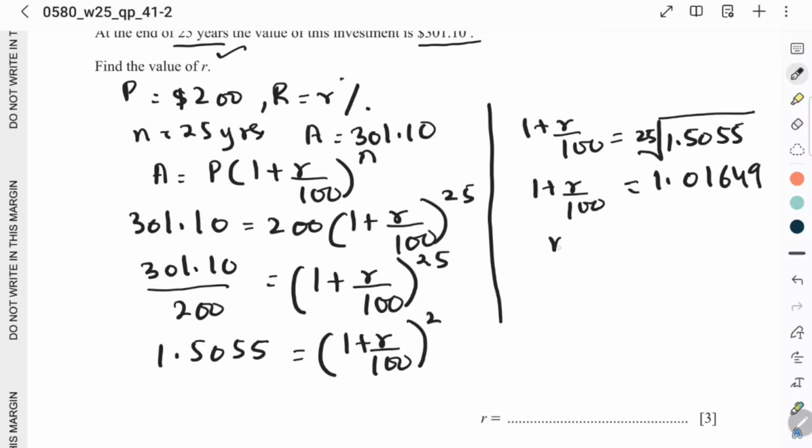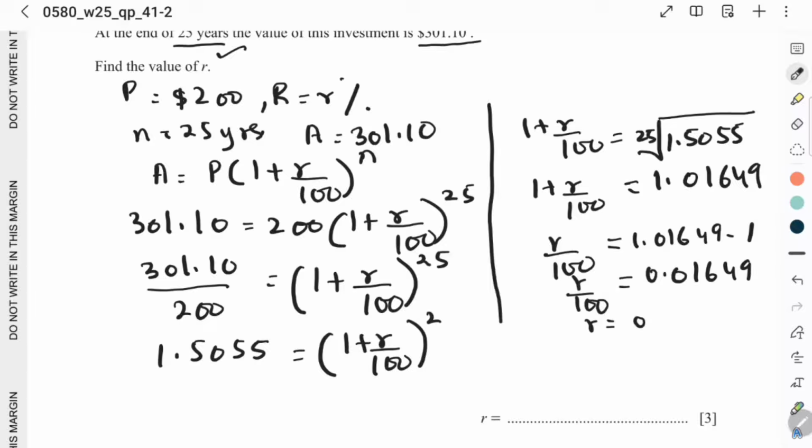So subtract 1. You just subtract the number with 1. So that is 1.01649 minus 1. That is equal to 0.01649, r over 100.